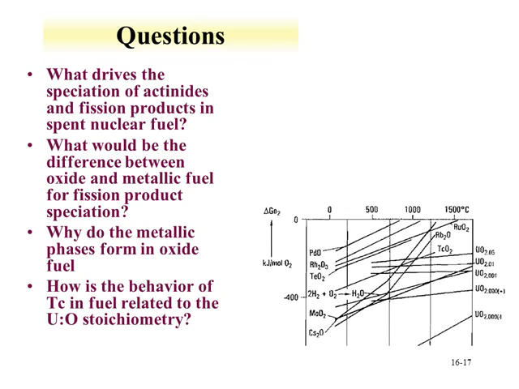And for this question, why do metallic phases form in oxide fuels? It has to do with the oxygen potential, and the temperature at which the reactor is operating.